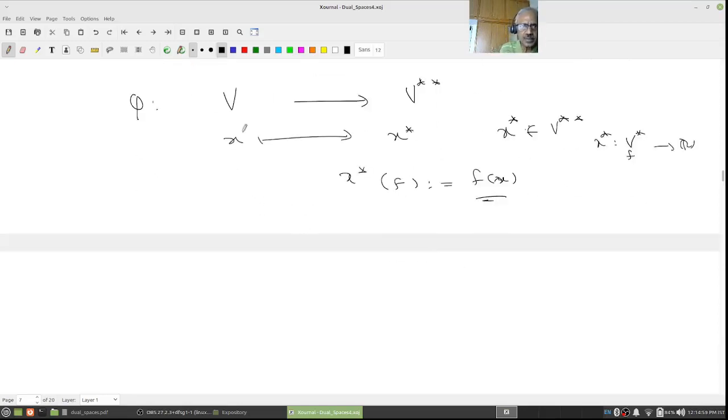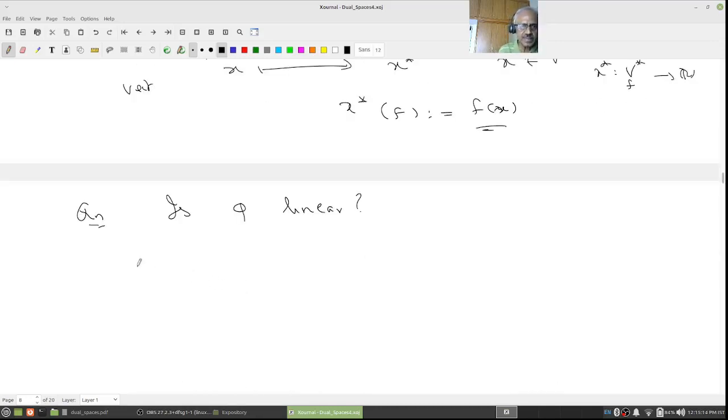Now notice that this is a vector space and this is a vector space and I have a map. So what is the next question I can ask? Is phi linear? The answer is yes. Let us look at it. Suppose x and y are in V. What is phi of x plus y? x plus y goes to (x plus y) star.